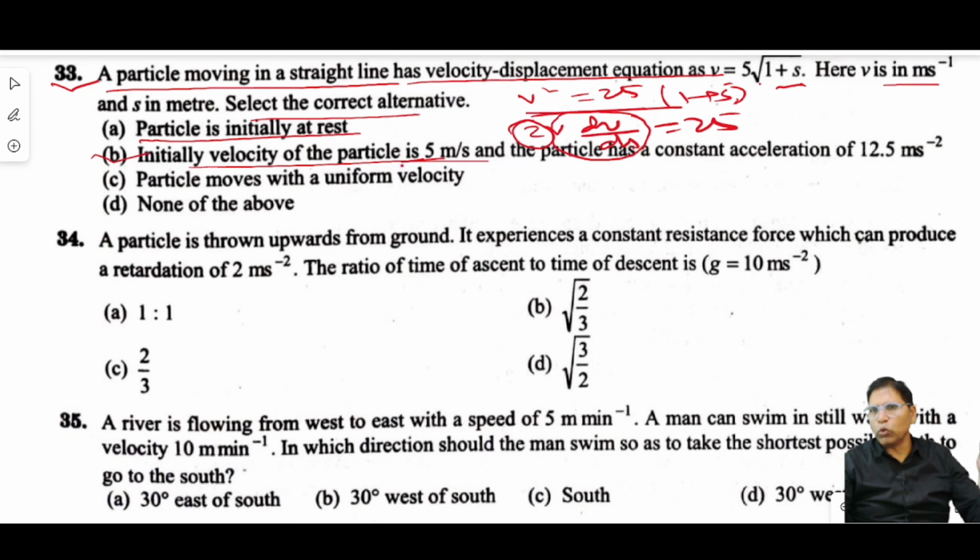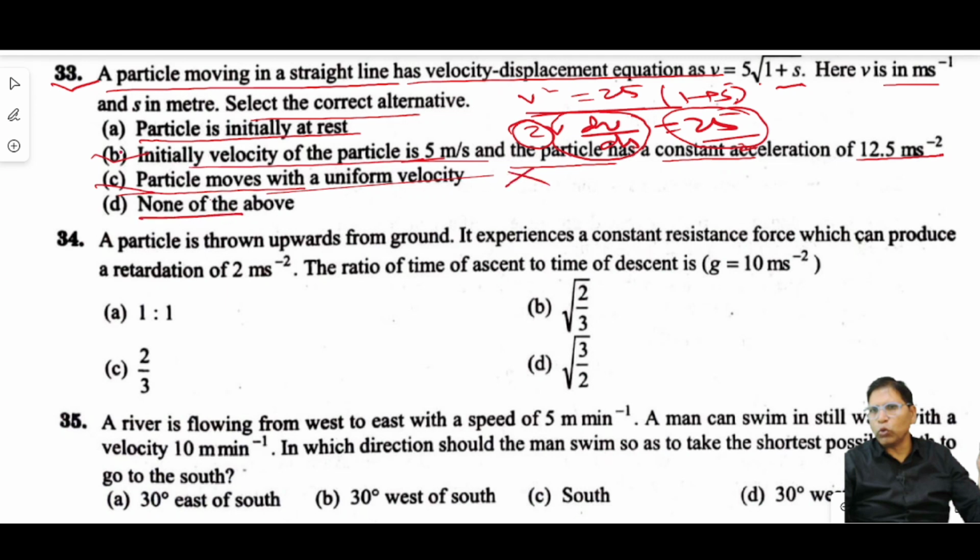And the particle has a constant acceleration of 12.5 meter per second square. Yes, 25 by 2 is the correct option. The particle moves with a uniform velocity. No. None of the above.